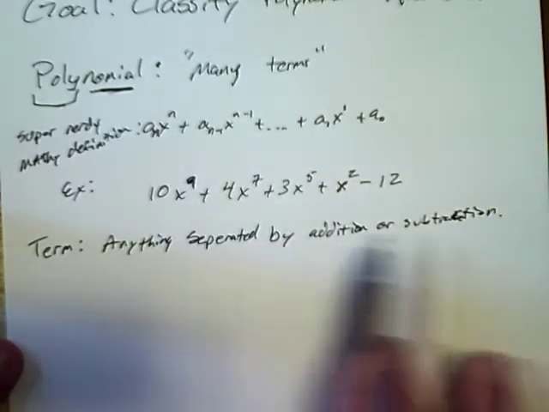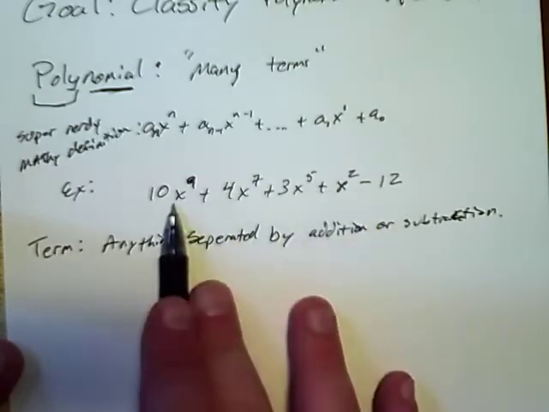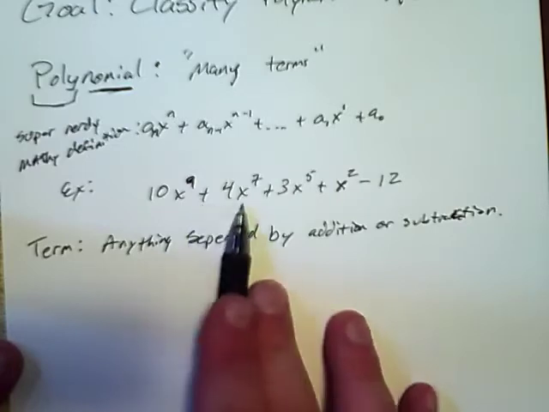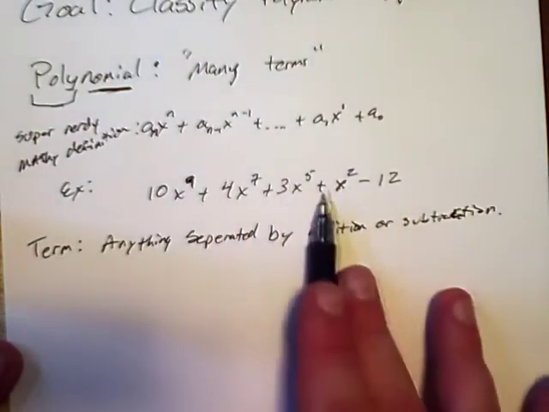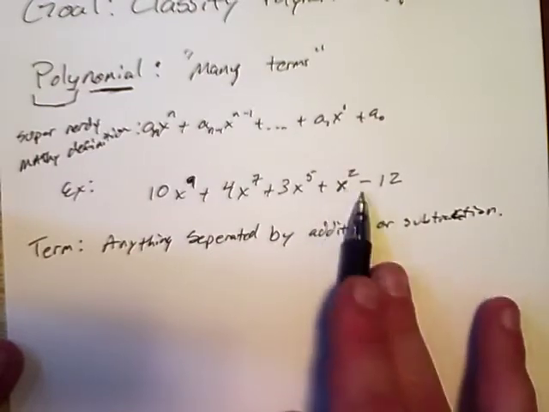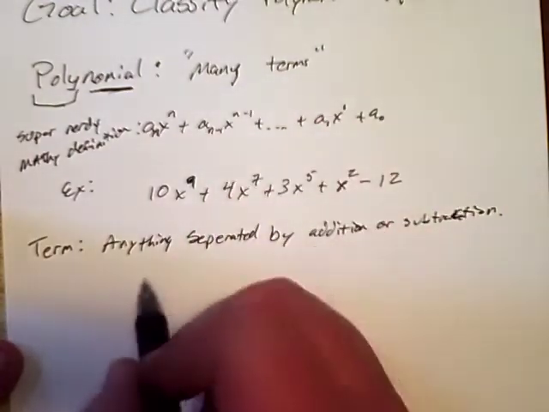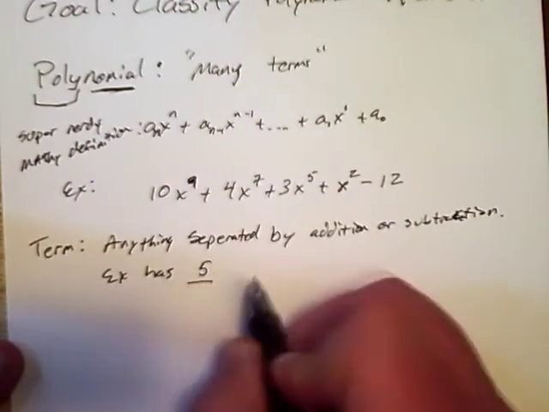All right, so how many terms do we have? Well, here's addition, addition, addition, and subtraction. So I have one thing here separated by addition. Here's number 2, separated with addition. The third thing separated by addition. Fourth thing here separated by subtraction. And the fifth thing. So the example has 5 terms.